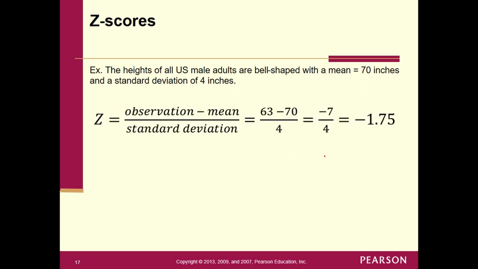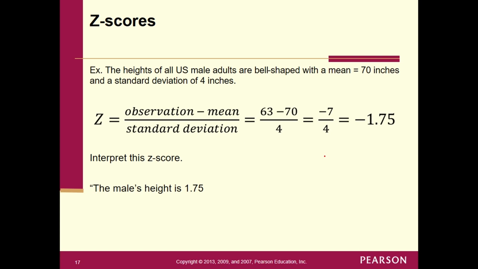So we had a z-score of a -1.75, and the interpretation would start off like this. It would say, okay, the male's height is 1.75. Now be careful. This is where you have to pay attention. Remember what the definition was. Once we changed x into a z, we got it out of the units of x.